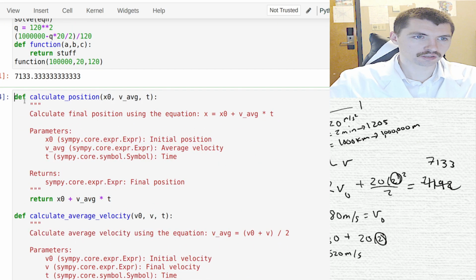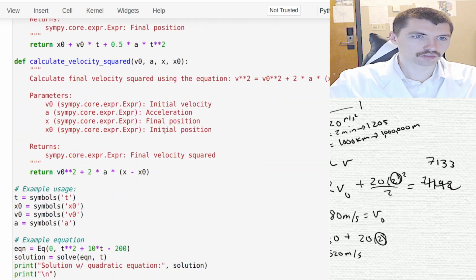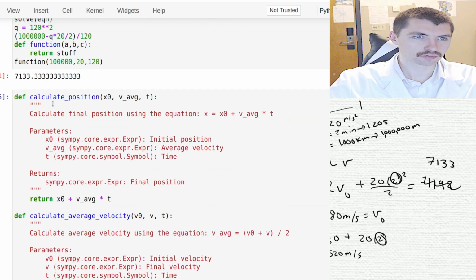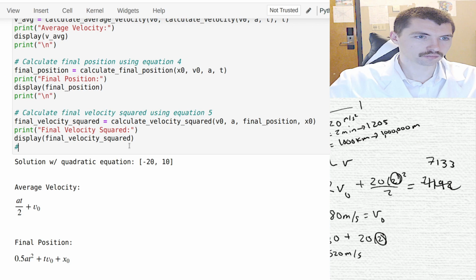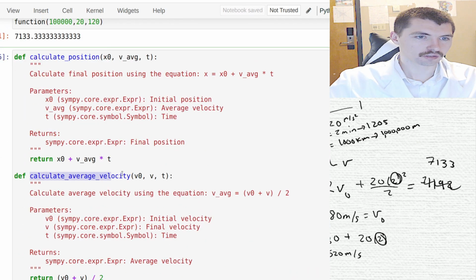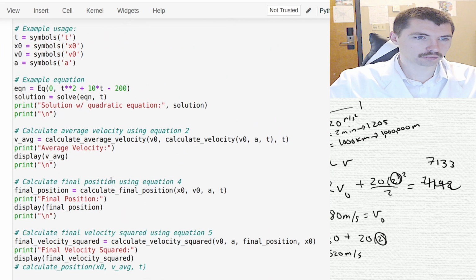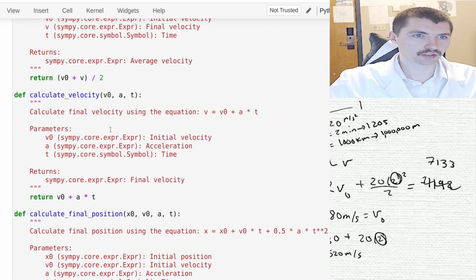And we don't need this. Okay. So I do just want them at the bottom. So we have calculate position, calculate average velocity.